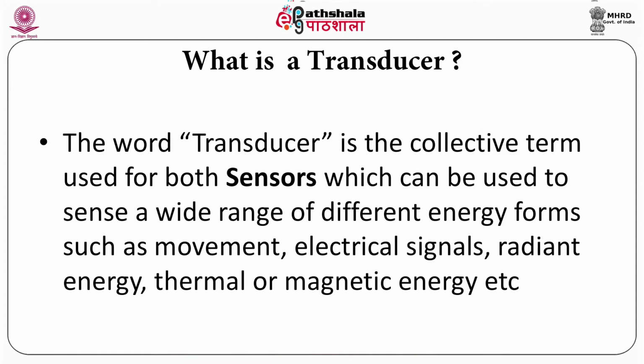The word transducer is used as a collective term for sensors, which can be used to sense a wide range of different energy forms, which can be movement, or an electrical signal, or radiant energy can also become a parameter, or thermal heat energy, or magnetic energy.